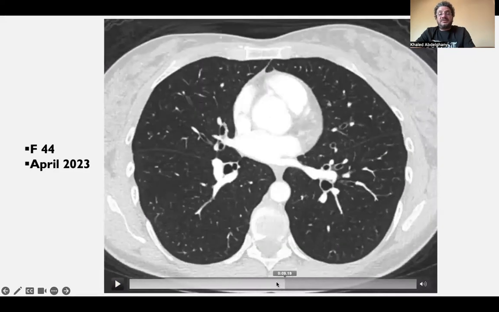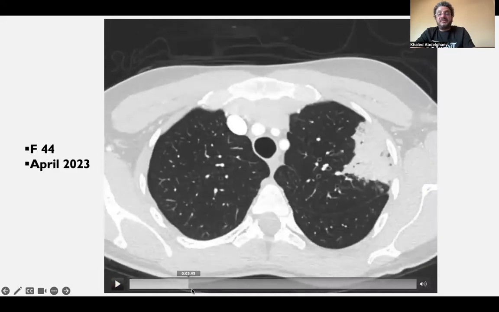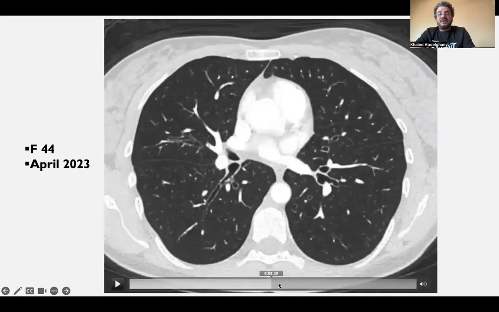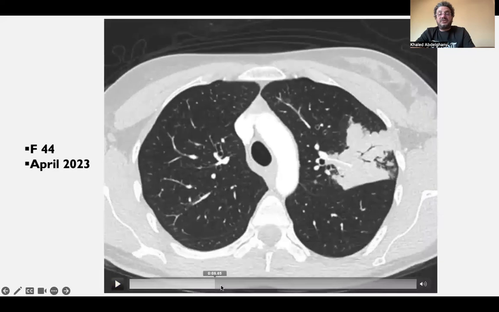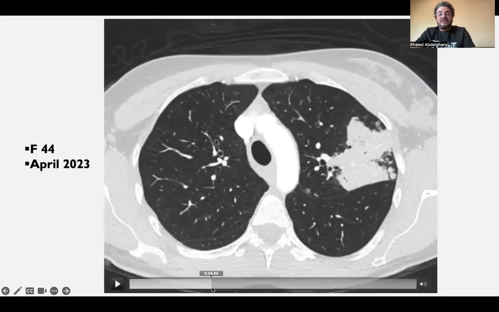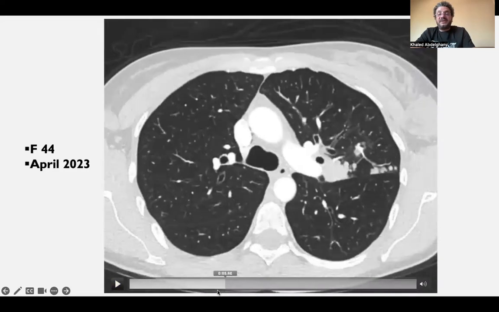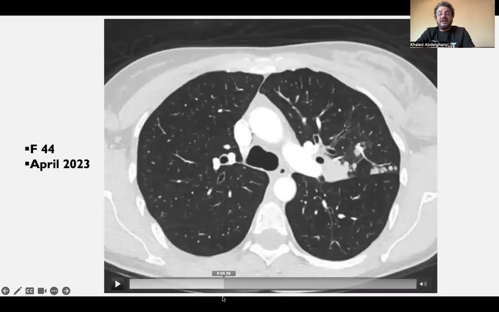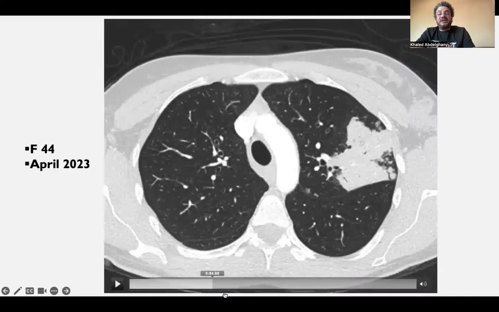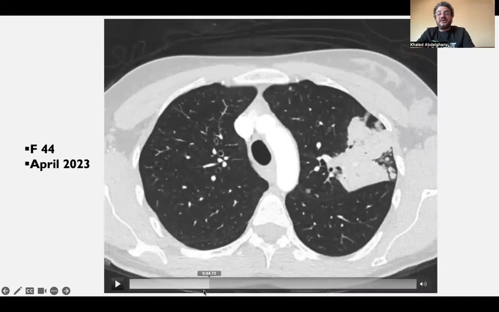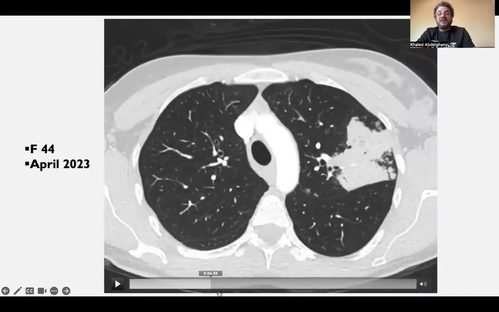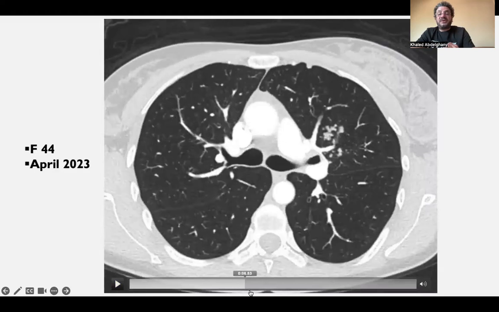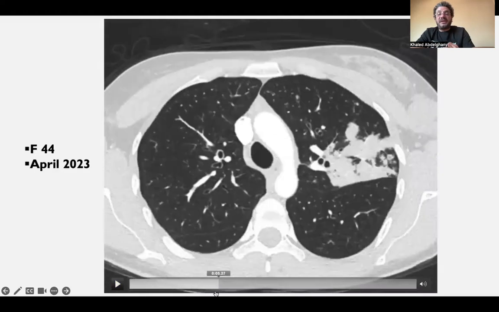As I said, this could be highlighted in the radiologist's report, that the patient shows features suggesting invasive mucinous adenocarcinoma, or it can be formulated in a different way: a case of left upper lobe pneumonia, however, invasive mucinous adenocarcinoma to be ruled out.